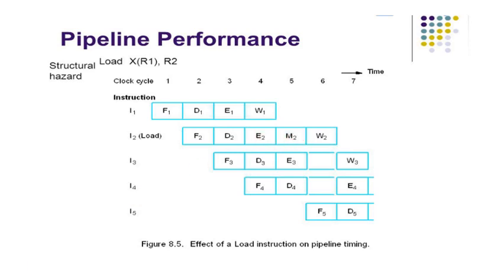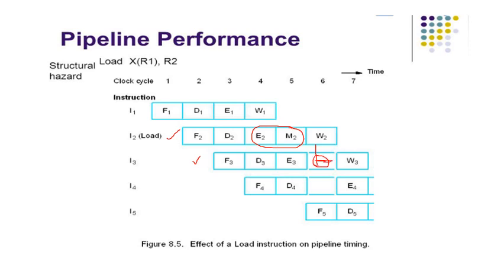Here this particular place is nothing but the stall. So it causes the pipeline to stall for 1 clock cycle, because both the instructions I2 and I3 require access to the register file in cycle 6. See here, it is completely idle.